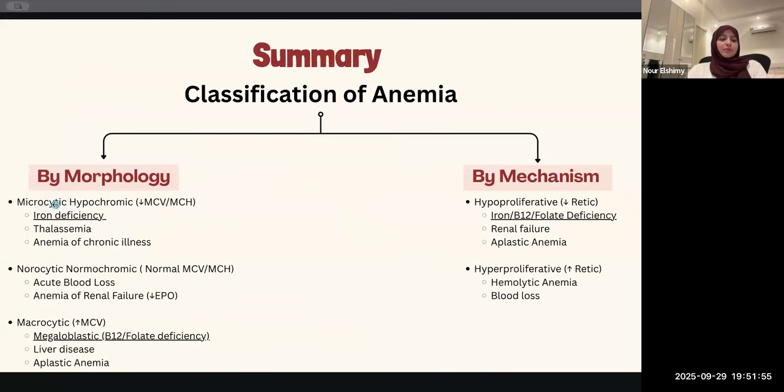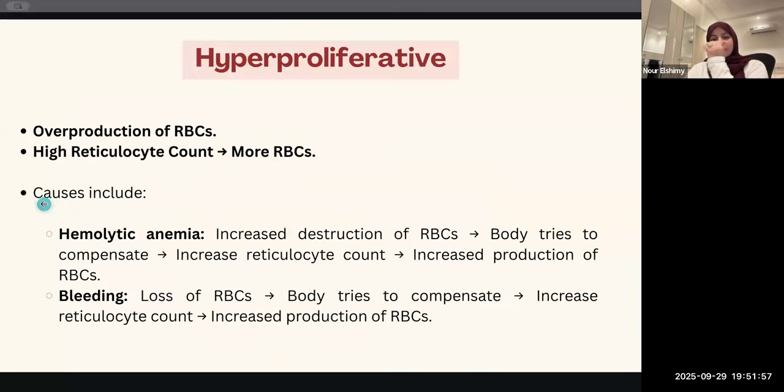Okay. Hold on. Hyperproliferative anemia is basically due to increased production of red blood cells. So you're producing a lot of red blood cells. And when does the body do this? It does this when we suddenly lose a lot of red blood cells, so in hemolytic anemia or bleeding.